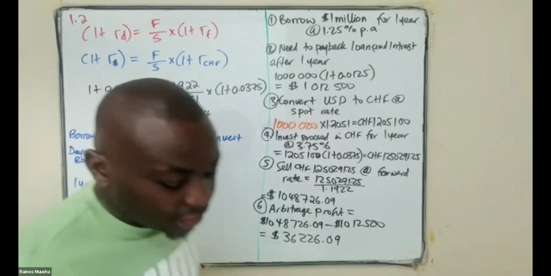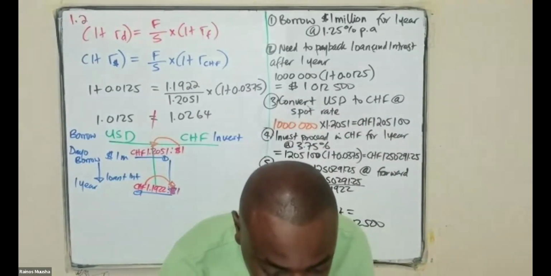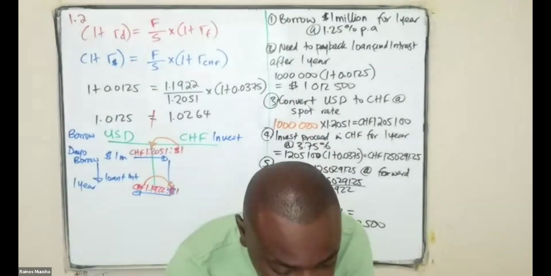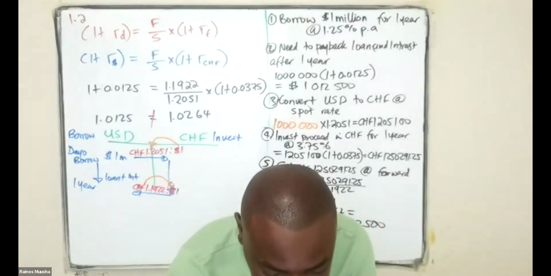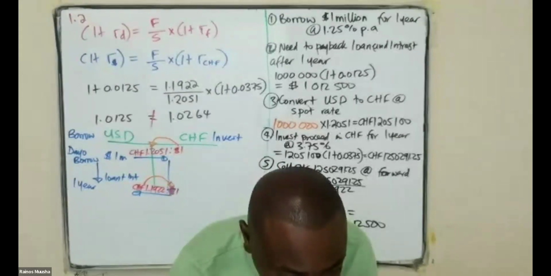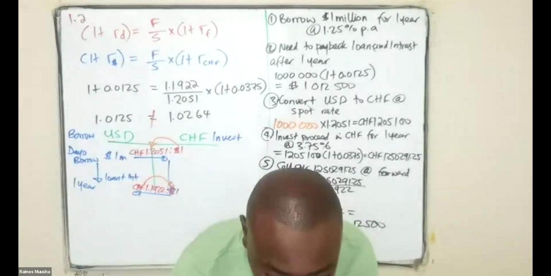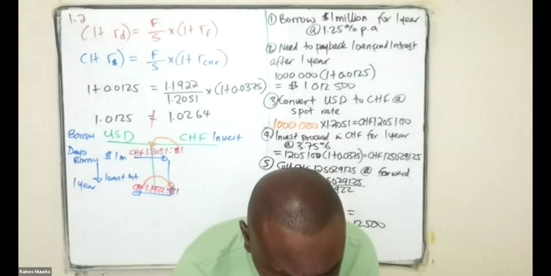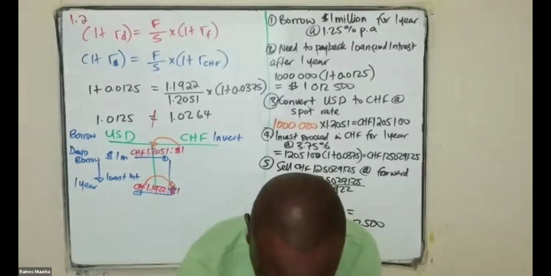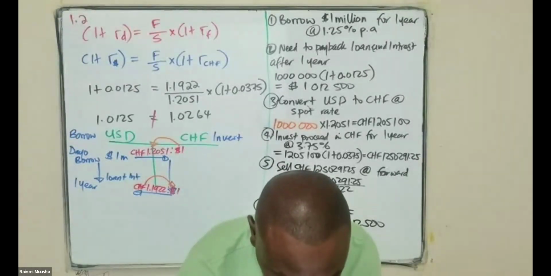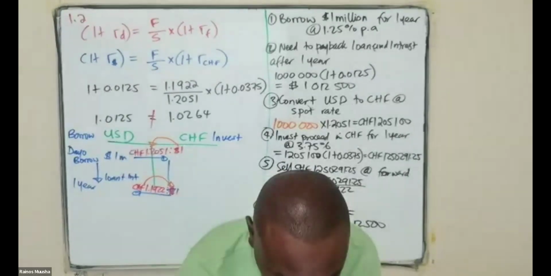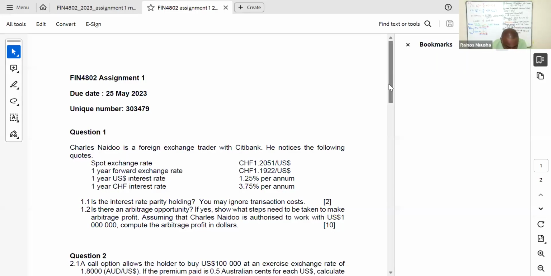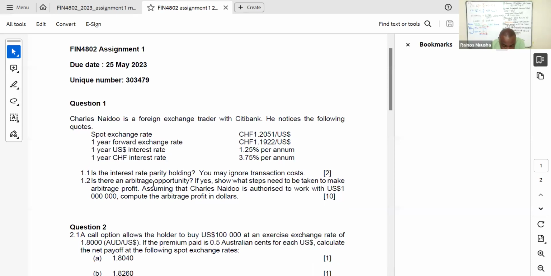So if you check on the lecturer's memo, you'll see that for this part of the question, remember reviewing the question for 1.2, they say, is there an arbitrage opportunity?